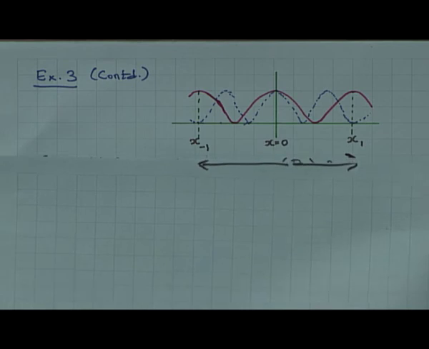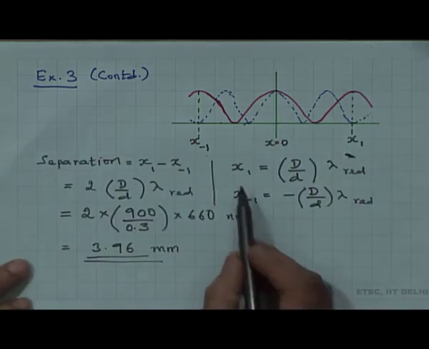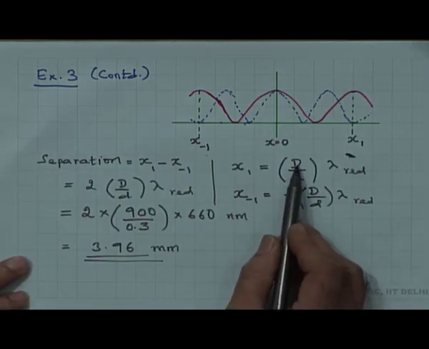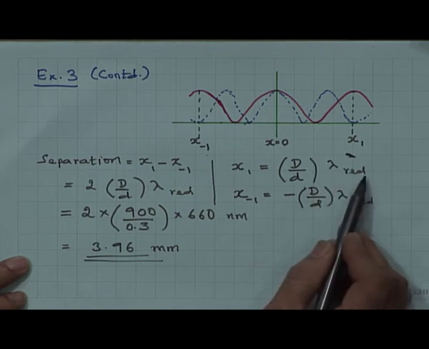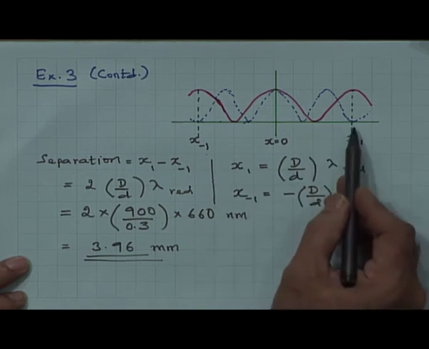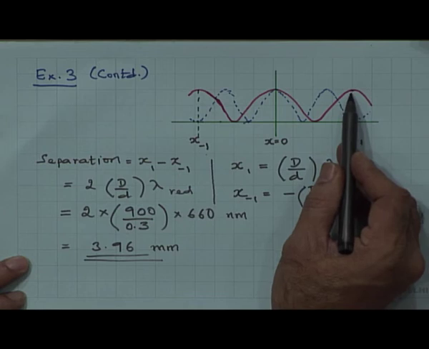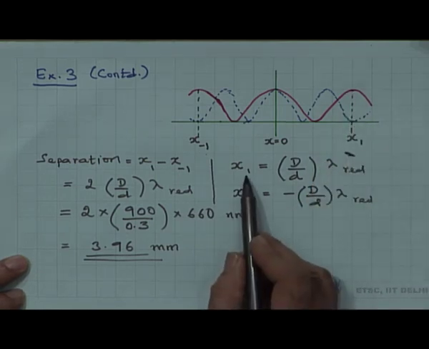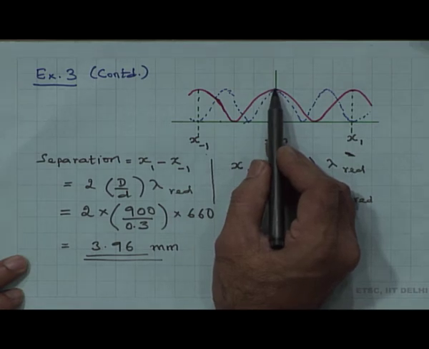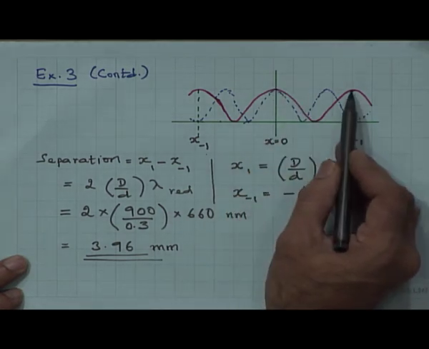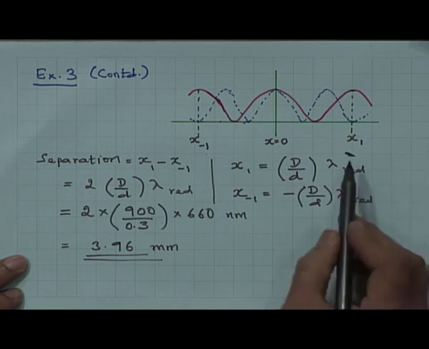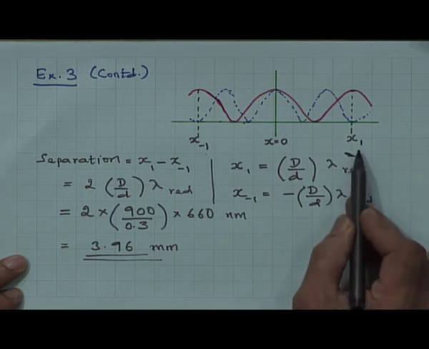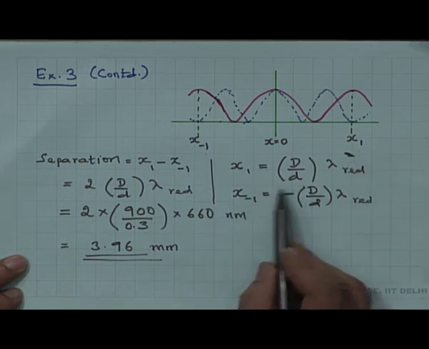Therefore, let us calculate x1. The separation x1 is given by D by d into lambda red. We have already seen this. x1, the first maxima due to red color, is given by 1 standing for the first maxima. This is n equal to 0, the central maxima, and n equal to 1 the first maxima, and therefore x1 is given by this.